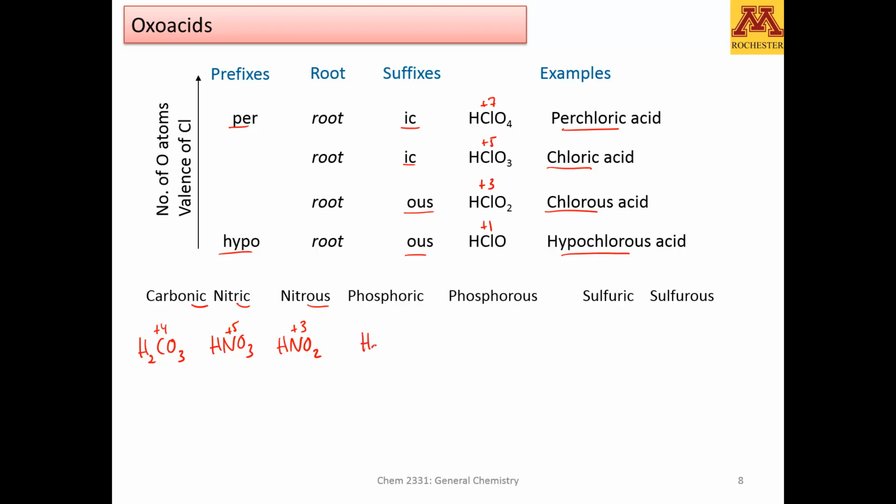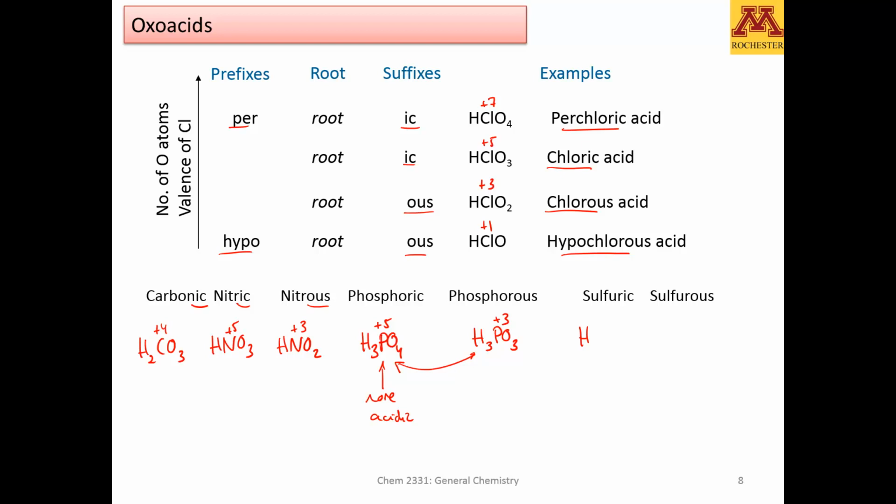Phosphoric acid, in this case, this one again is +5. Phosphorous acid, this one is +3. And again you'll be able to tell that phosphoric acid will be more acidic because it has a higher positive charge. It can pull the electrons more strongly.